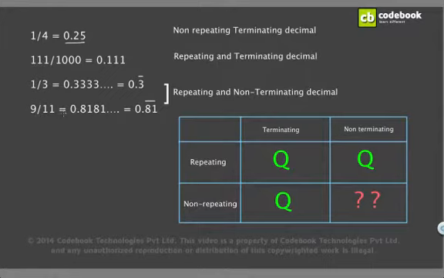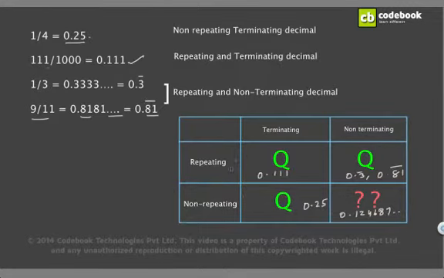Whereas 9 by 11 is 0.81, 81, 81, and so on. Again, you see repeating and non-terminating decimals. So these are called repeating and non-terminating decimals. And here the bar is shown on top of the two digits that are repeating.